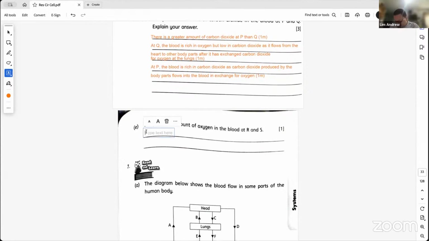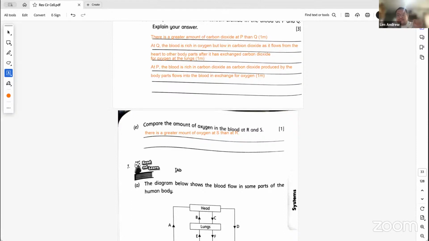So the answer for E is actually there is a greater amount of oxygen at S than at R. That's it. Don't bother explaining because they only ask you to compare. So why do I say that there is a greater amount of oxygen at S than R?